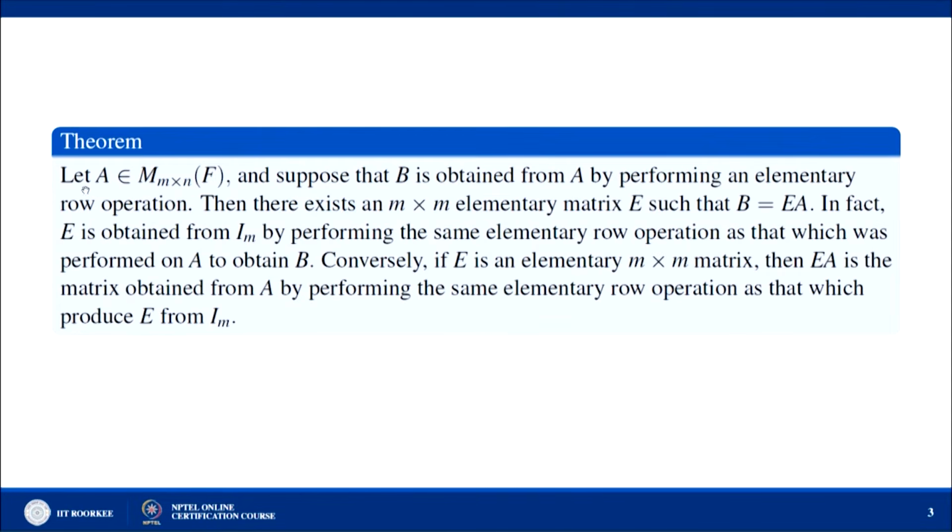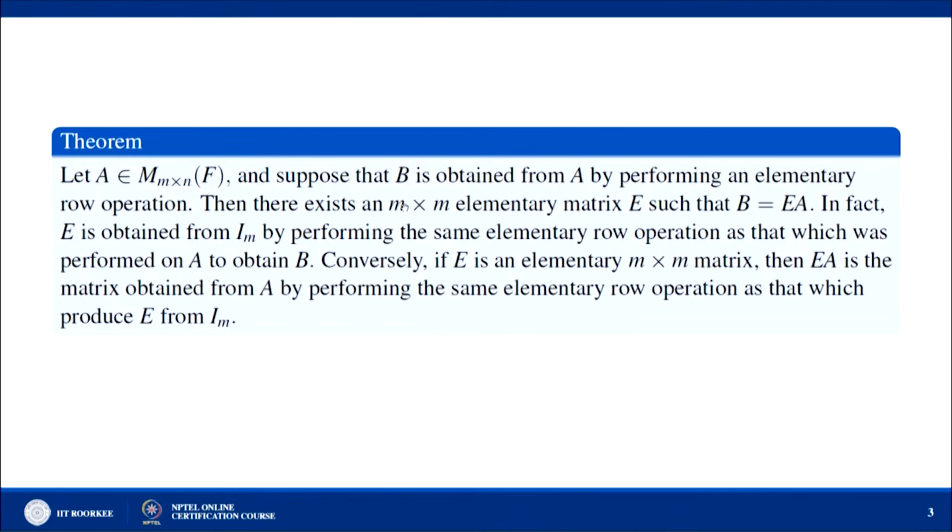Now, this is a result. Let A be an m cross n matrix over the field F, and suppose that B is obtained from A by performing an elementary row operation.